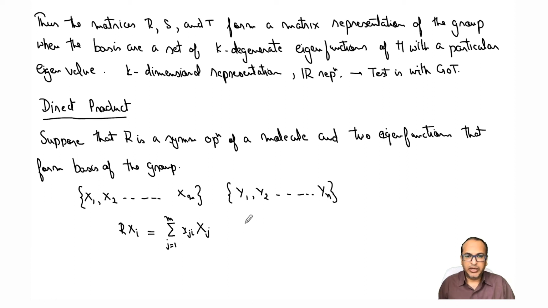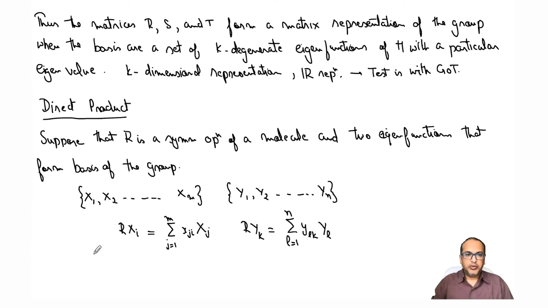And similarly here we can write R operating on y_k as a summation of small y_lk, where l goes from 1 to n, times y_l, right?